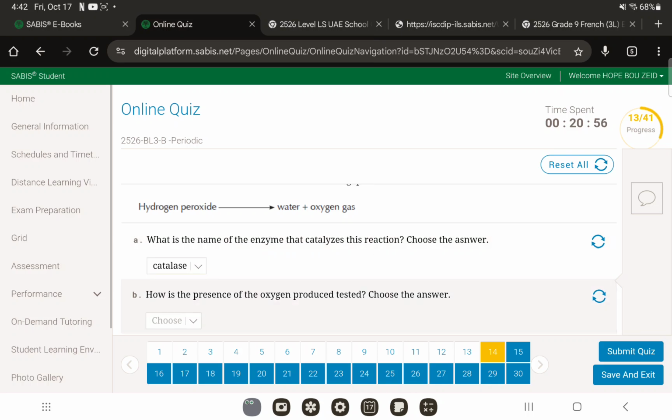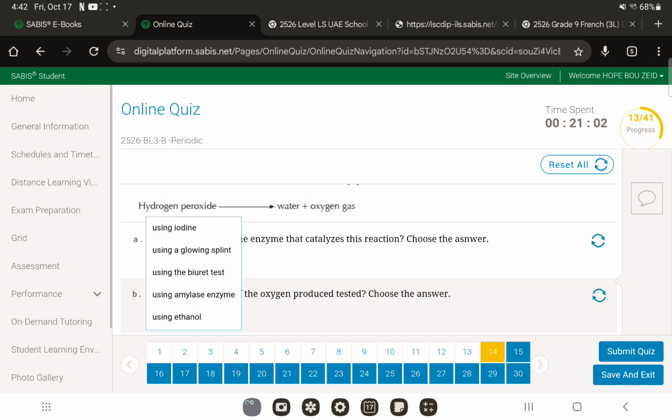How is the presence of the oxygen produced tested? It is tested by lighting a wooden splint, then blowing it out, letting it cool, then putting it at the mouth of the test tube to see whether it relights.